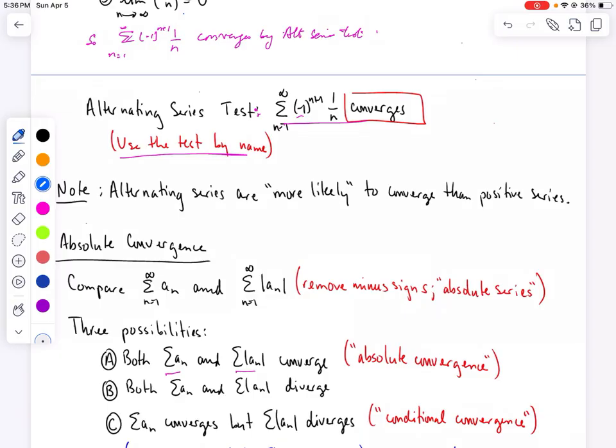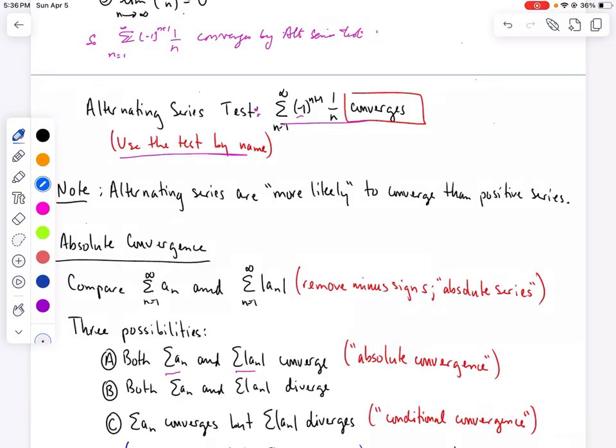Let sigma a_n be a series, and then the absolute value of sigma a_n is another series. Then absolute convergence will happen when both of these series are converging.